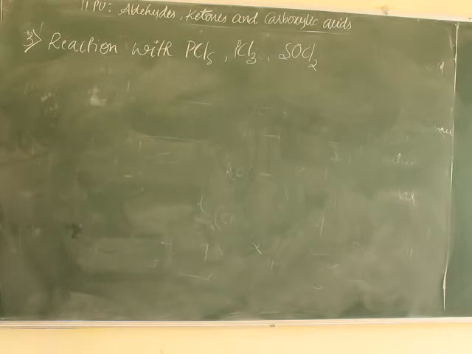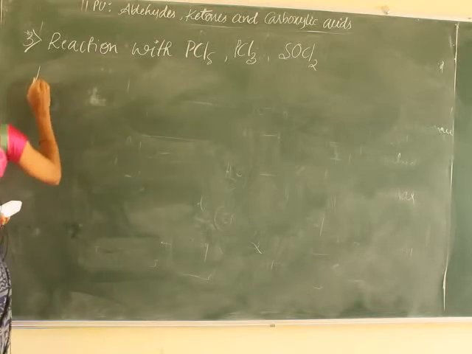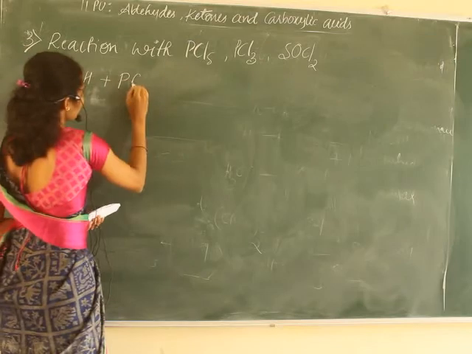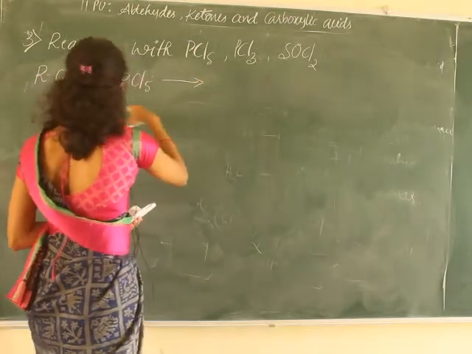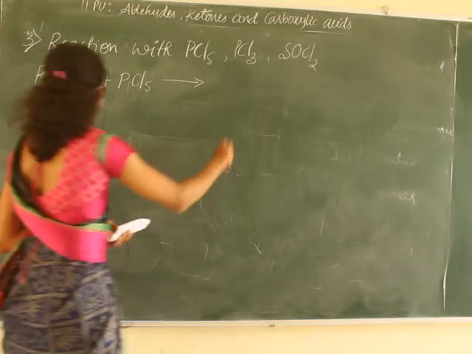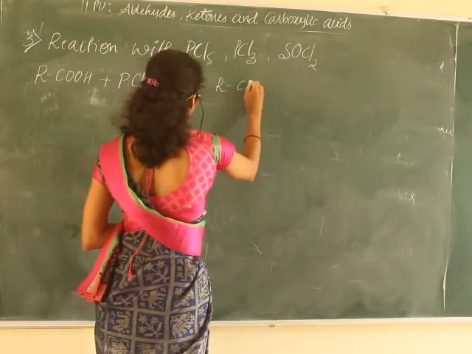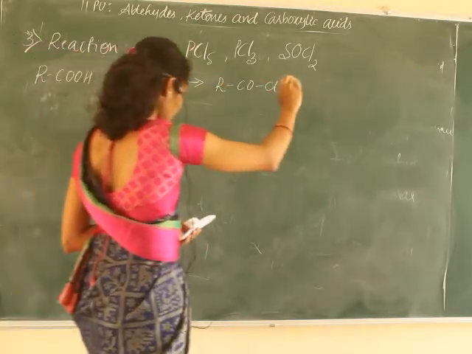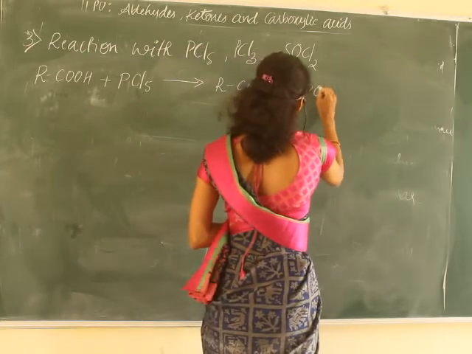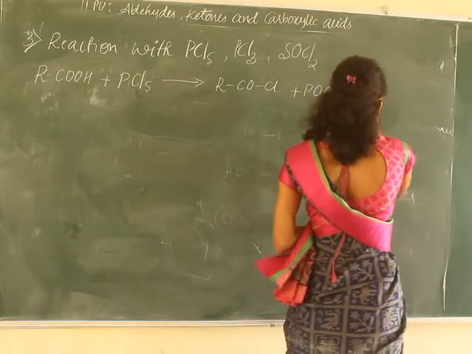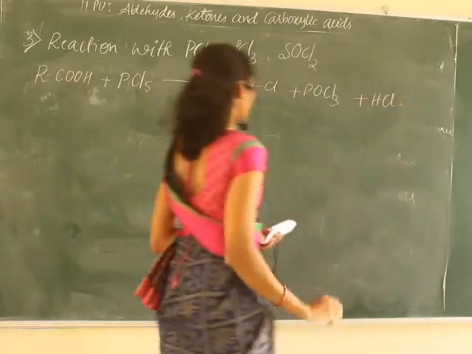Carboxylic acid, COOH, on reaction with PCl5 results in the formation of acyl halide, which is nothing but RCOCl, and POCl3 and HCl.